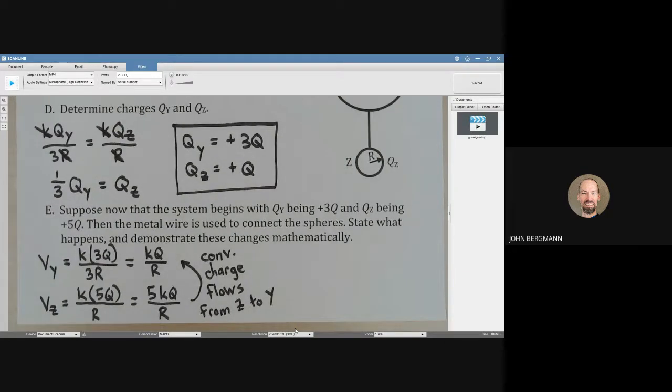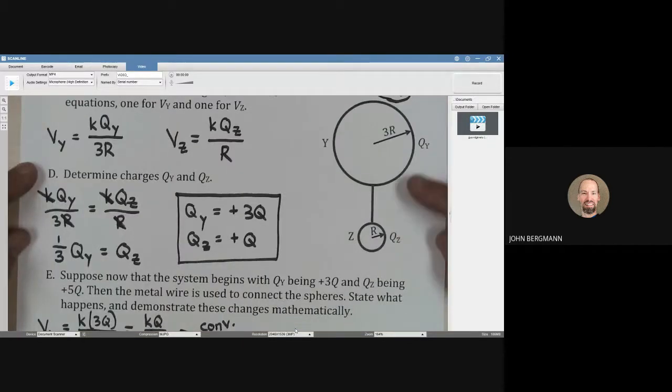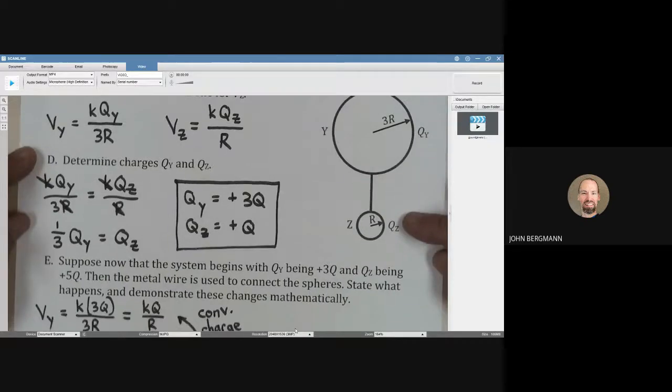And I chose these numbers to make things easy again, given the radii, this one being 3r and that one being r. Basically, y is going to have 3/4 of the charge, and z, when we're at equilibrium, is only going to have 1/4 of the charge.